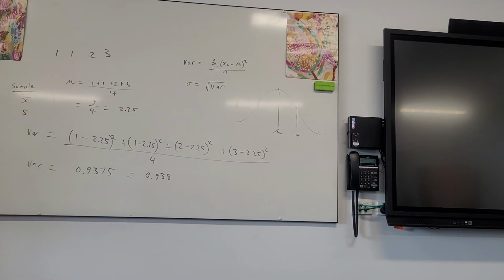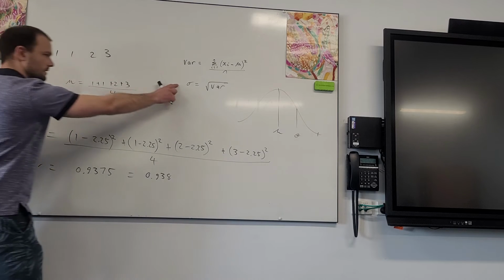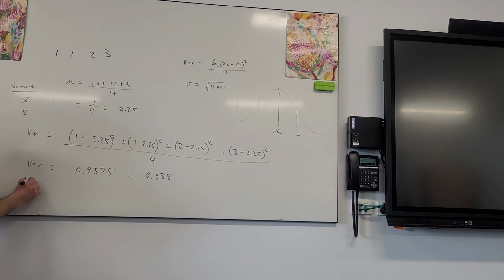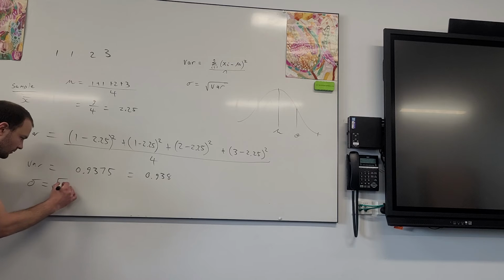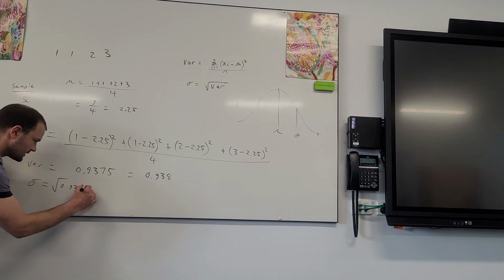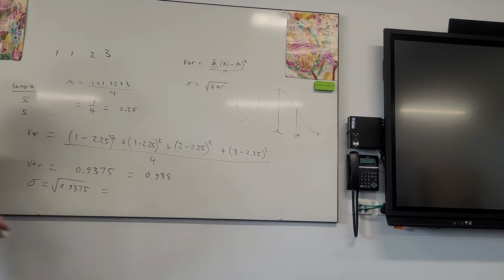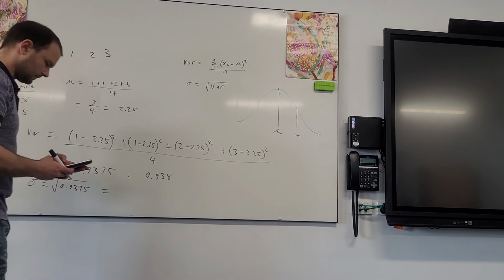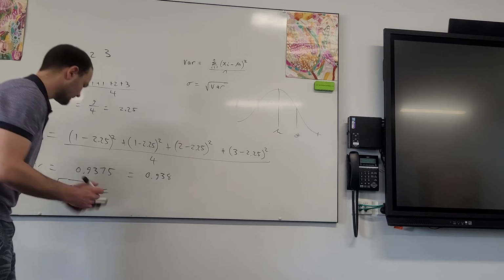And remember, the standard deviation is the square root of the variance. So the standard deviation is going to be the square root of 0.9375, which is root 15 on 4, 0.968.